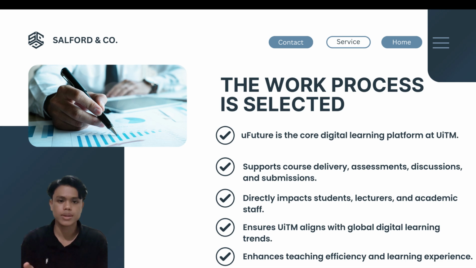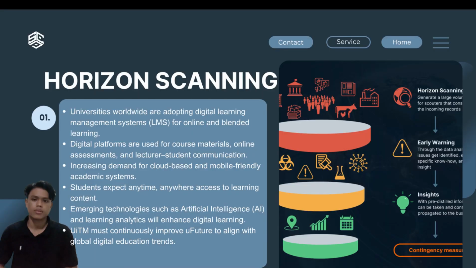By using UFuture, UiTM is able to align with global digital learning trends while improving teaching efficiency and enhancing the overall learning experience. So let's move on to the horizon scanning.